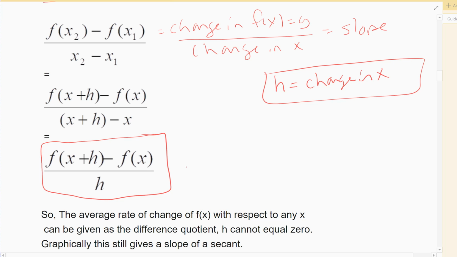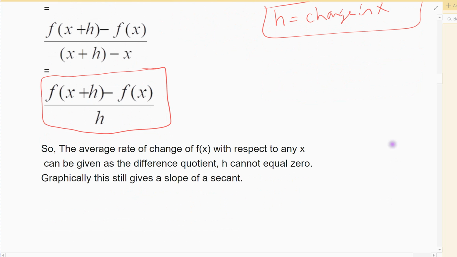There is my difference quotient. So whenever we say difference quotient, what that means is f of x plus h, my function where I plug in x plus h, minus my function f of x, all over h, where h represents a change in x. It is still the average rate of change, the key here is now it's with respect to any x value, any starting point.